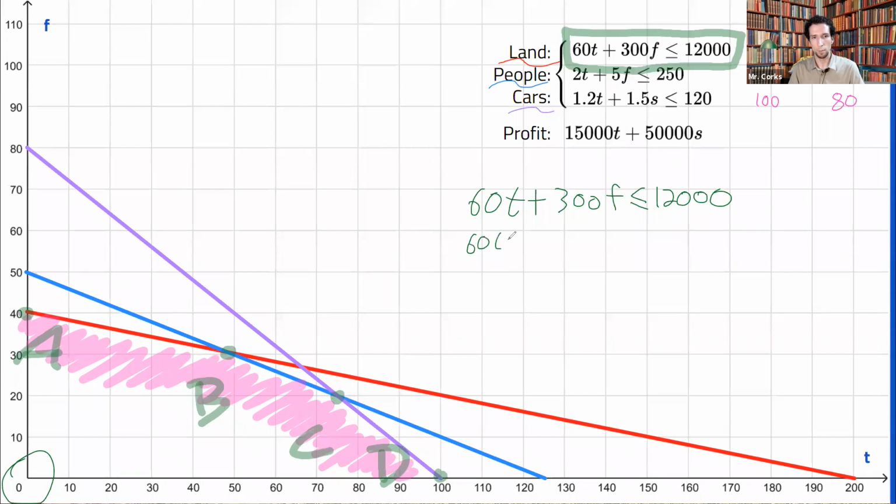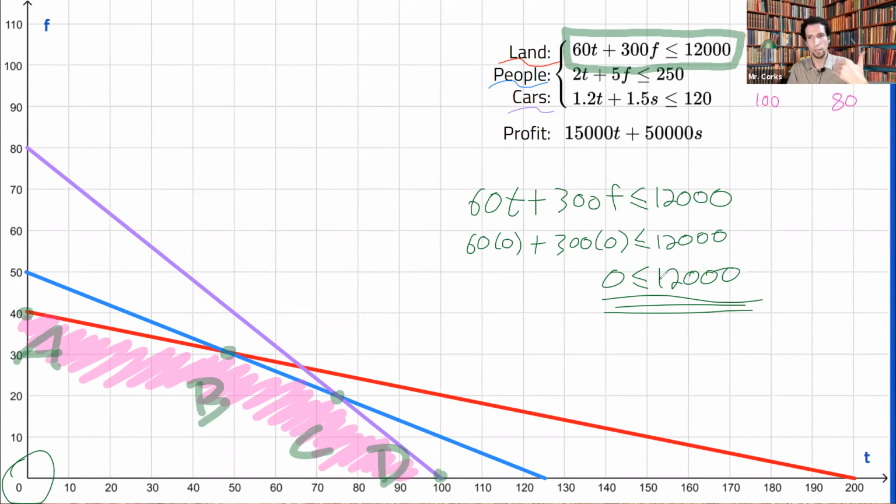So 60 times 0 plus 300 times 0 less than or equal to 12,000. So that gives us 0 is less than or equal to 12,000. Then we look at this statement here. Is this a true statement or is this a false statement? True. This is a true statement.